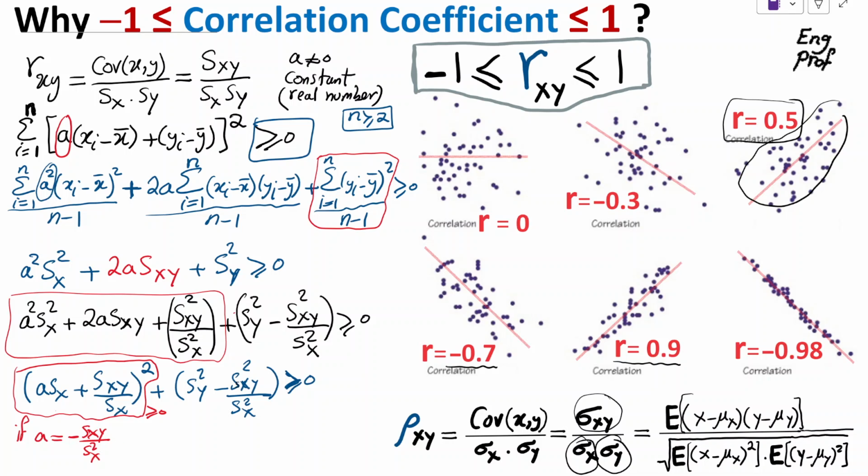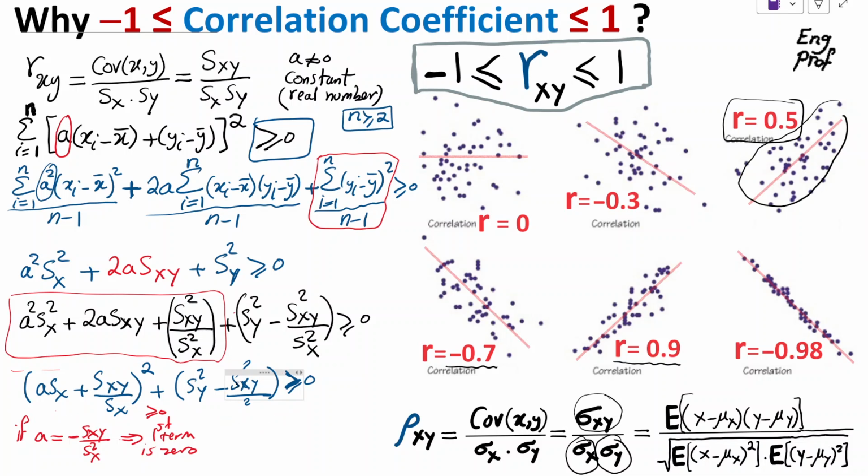If you do that, then the first term is 0. What is the consequence of this? Well, we are saying this whole thing is always greater than or equal to 0, no matter what a is, including the case that the first term is 0.